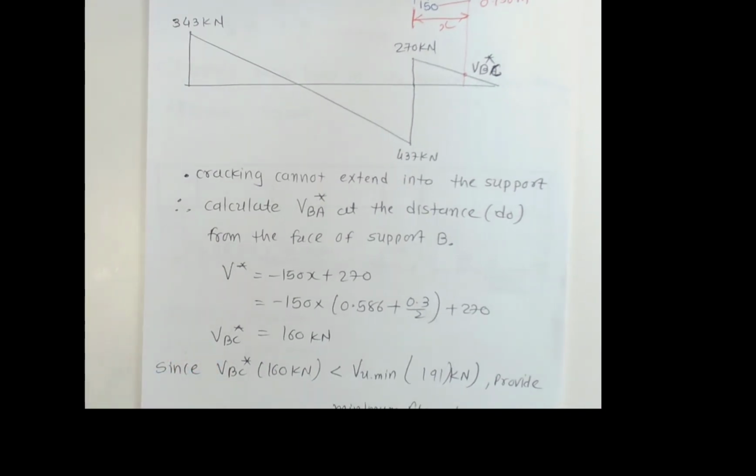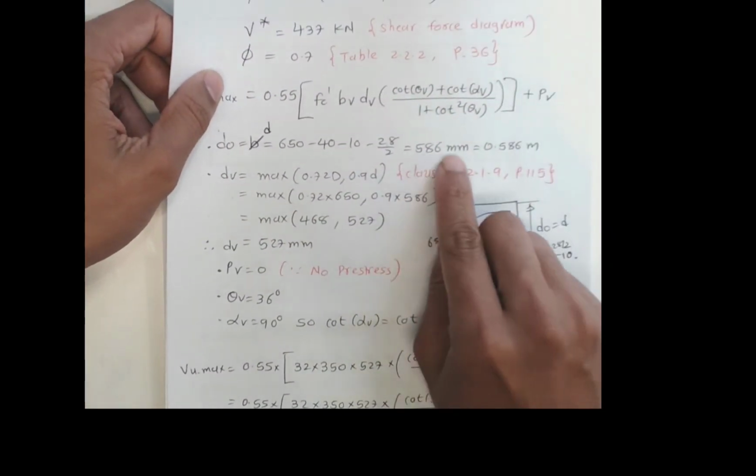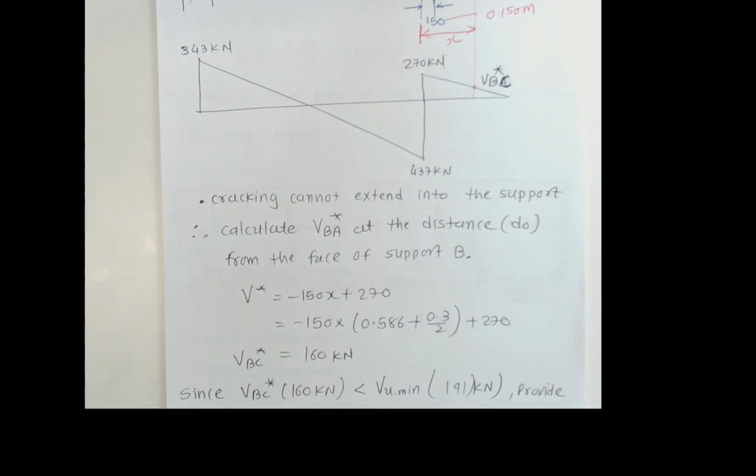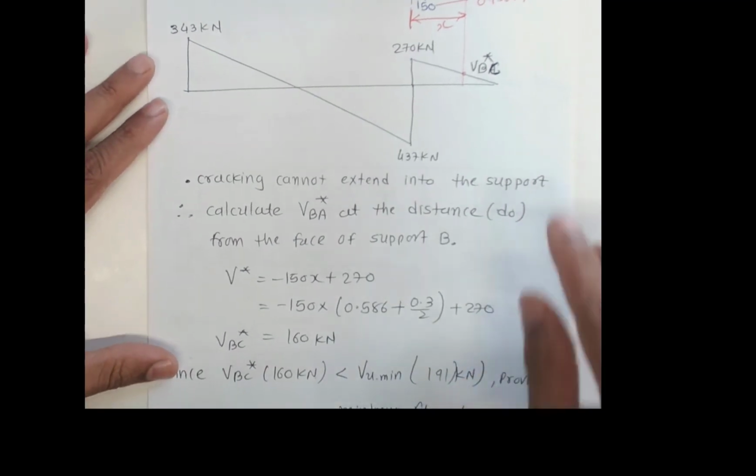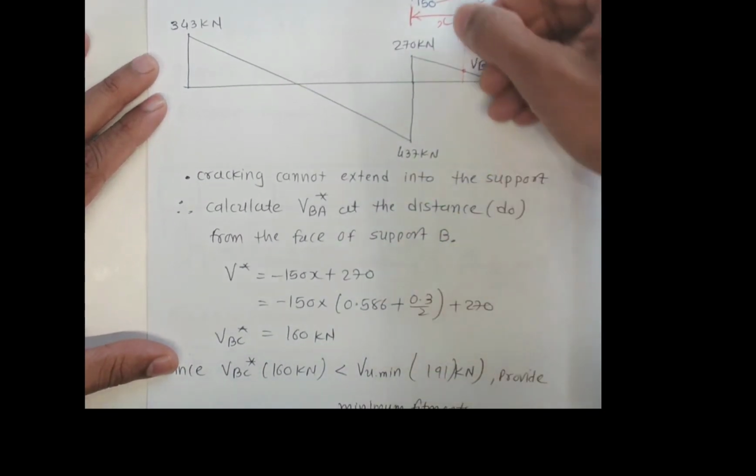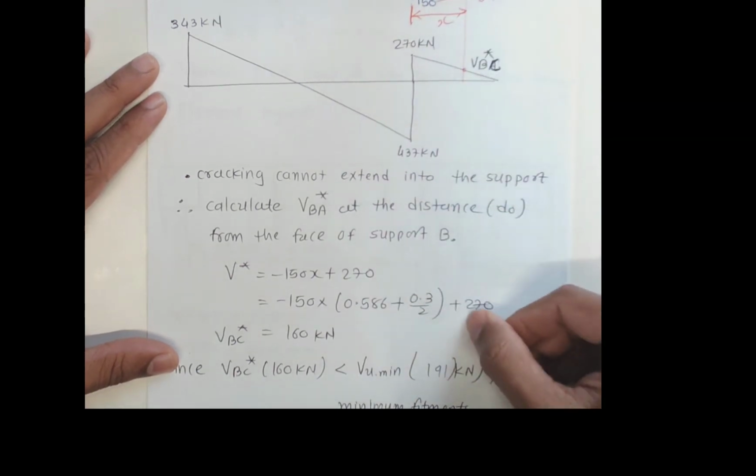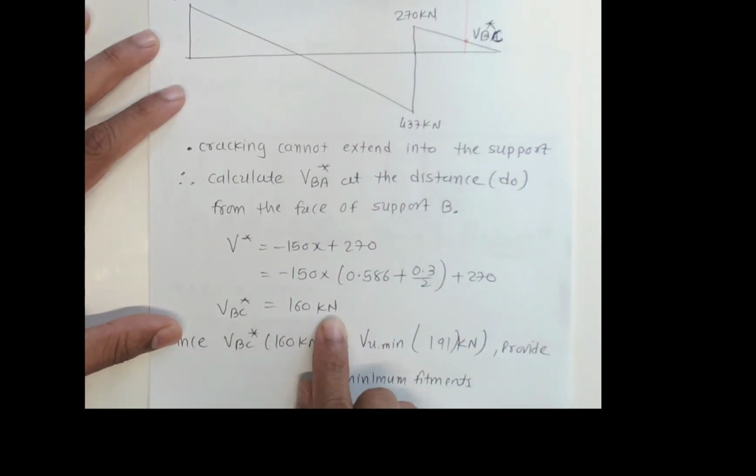That d0 we calculated is 586 millimeters, so 0.586 plus half of 0.15, plus 220, gives 160 kilonewtons.